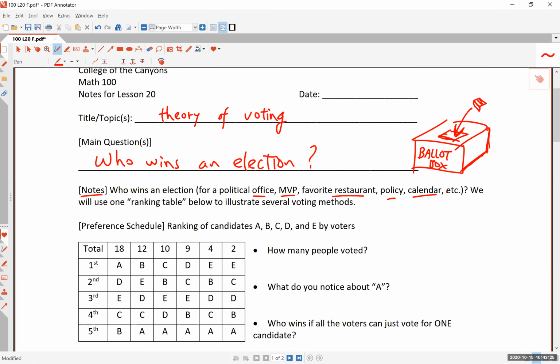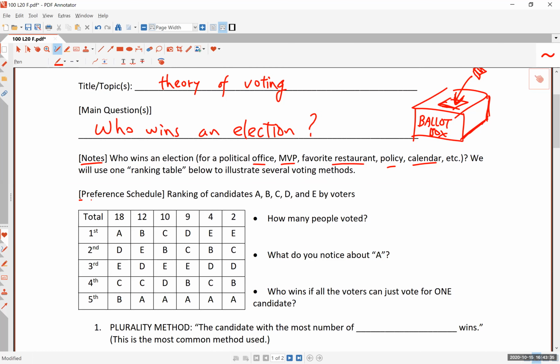And we will use what we call a ranking table first to see what's going on in the mind of those who are casting ballots, okay? This kind of table is called a preference schedule, all right?